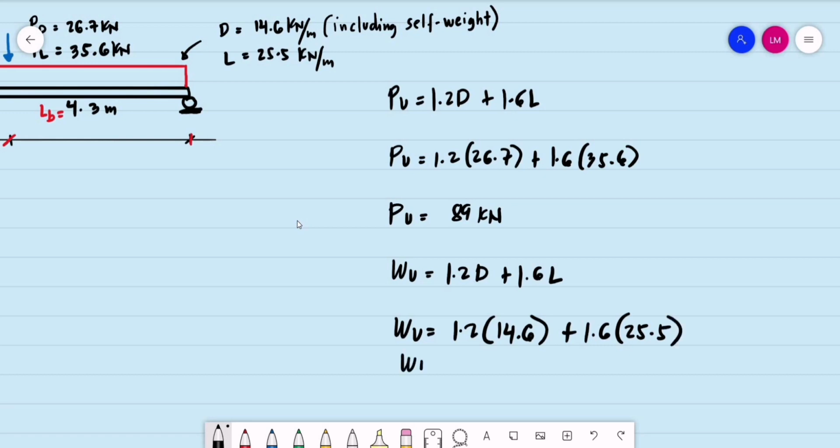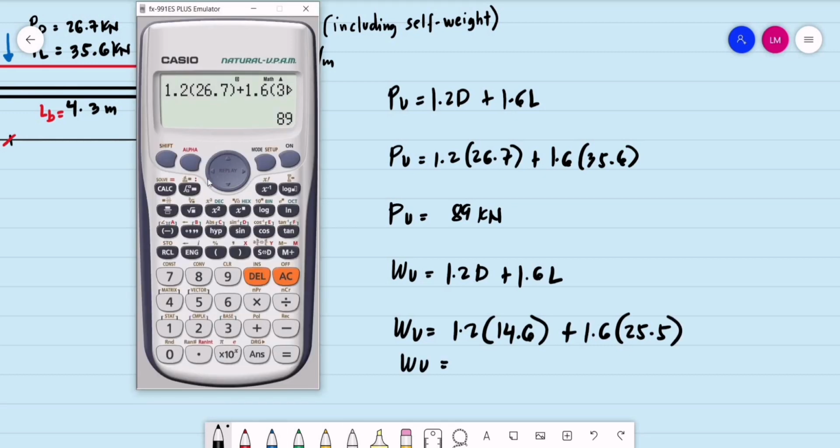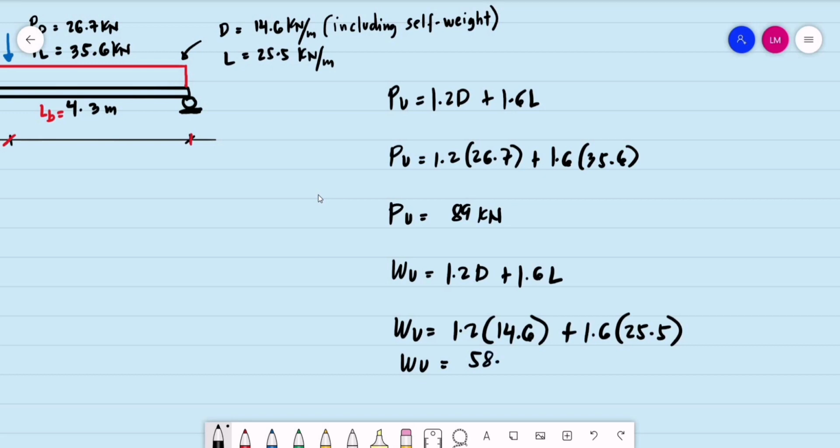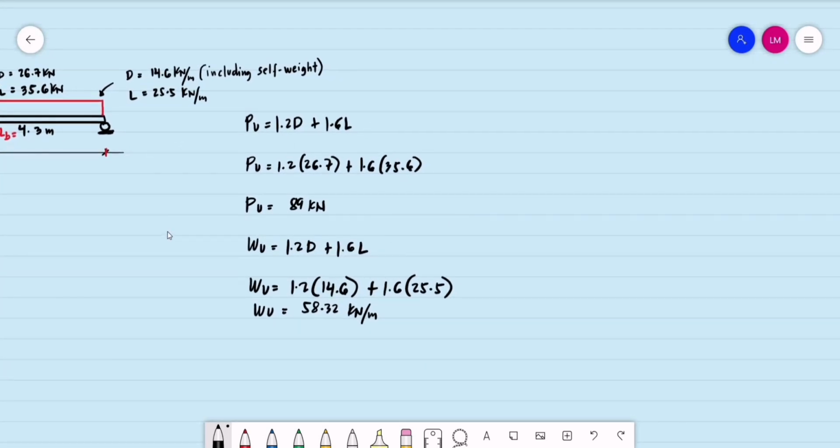So the ultimate uniform load is now equal to 1.2 of 14.6 plus 1.6 of 25.5, so we have it as 58.32 kilonewtons per meter.